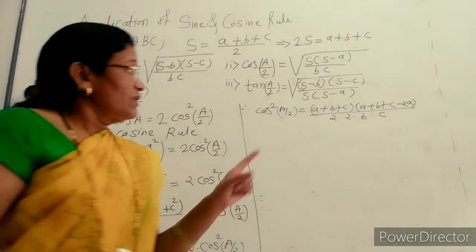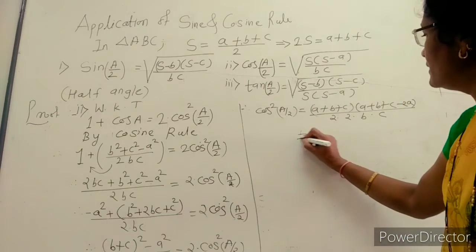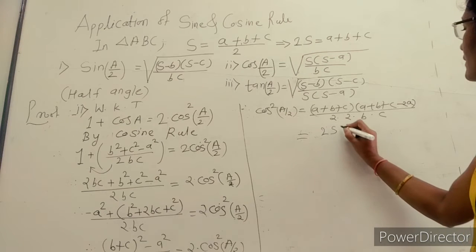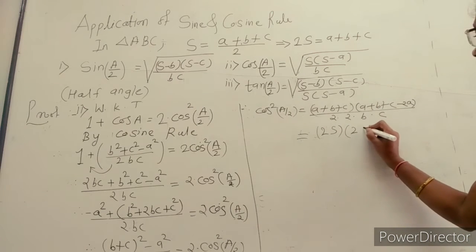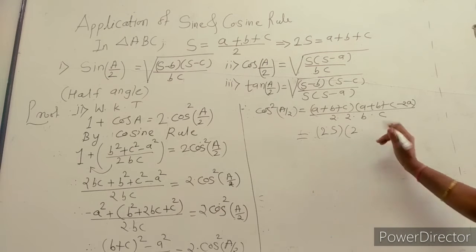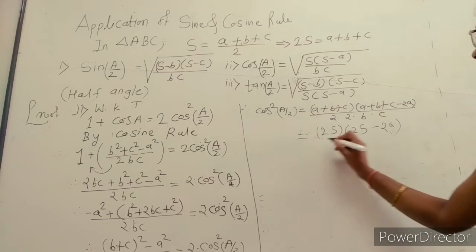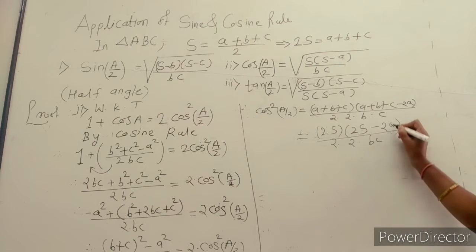Now take down here, we can replace this a plus b plus c. Now this a plus b plus c is equal to 2s. This a plus b plus c is again 2s, minus 2a, and this divided by 2bc.